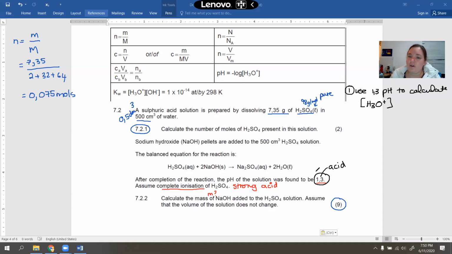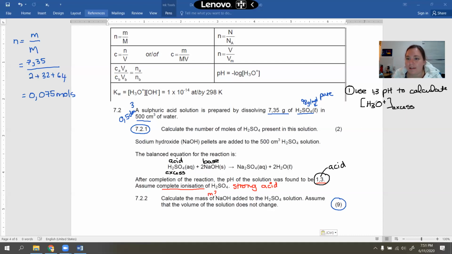So if I know the final pH, I can know the final, or we can even call it excess, H3O+. Now, the reason I say excess is that some of the acid will be neutralized by the base. But the fact that overall it's acidic tells me that we have got more sulfuric acid than sodium hydroxide.